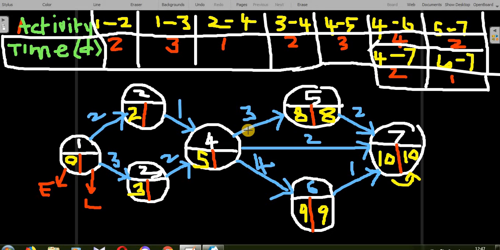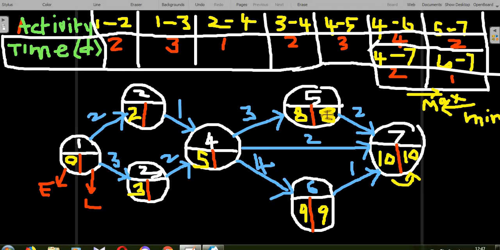This way you have to calculate the latest time, this way, this way. Whichever is the minimum, you have to write. So when we come in the backward pass like this, you have to write the minimum. When you do the forward pass calculation, you have to take the maximum. That's very, very important.